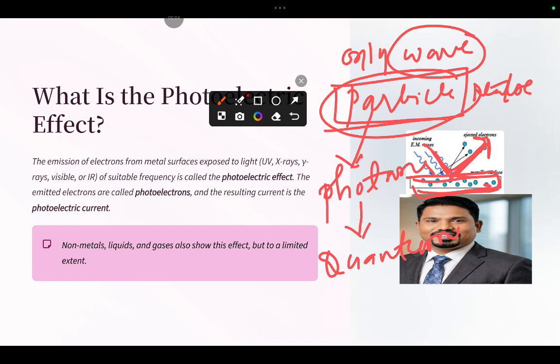This experiment confirmed that light has not only wave nature but also particle nature, and these particles are known as photons. This photoelectric effect gave a solid foundation to quantum theory.